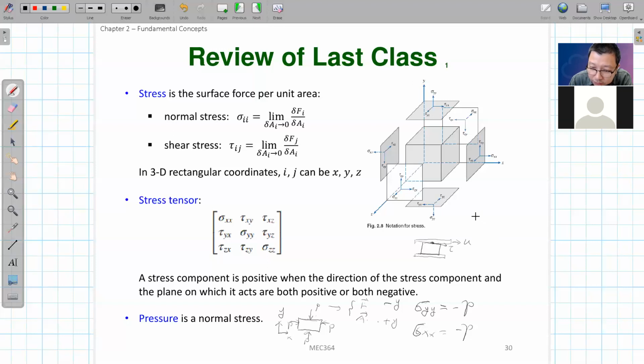So what's the force? The force is in the positive x direction, and the normal direction of this surface area is in the positive y direction. Both are positive, so I can write tau_yx as a positive value.